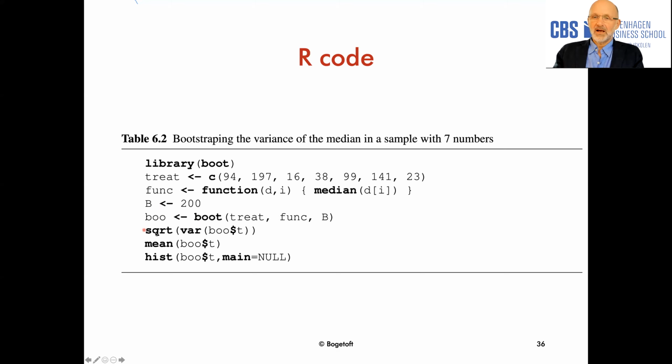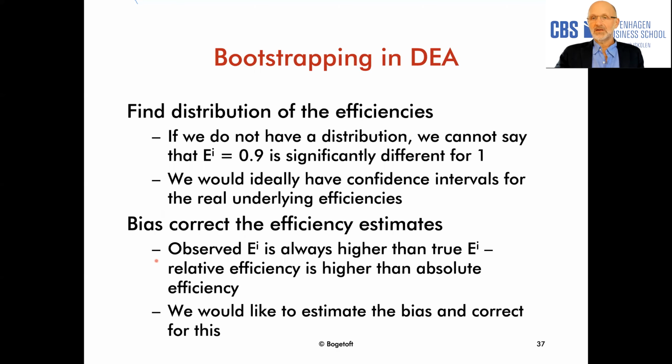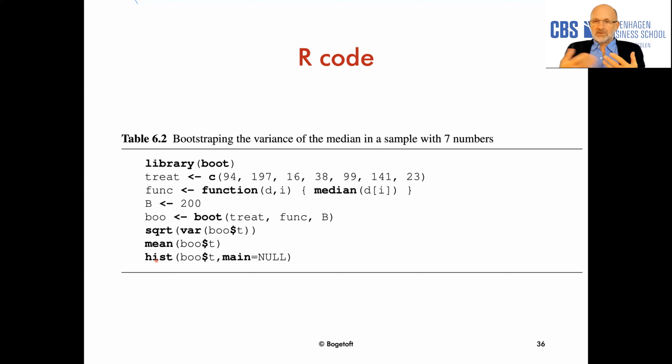Then you take the variance of the values you have picked, and you take the square root of that. You can also calculate the mean, of course, and you can even draw a histogram of the 200 values here.